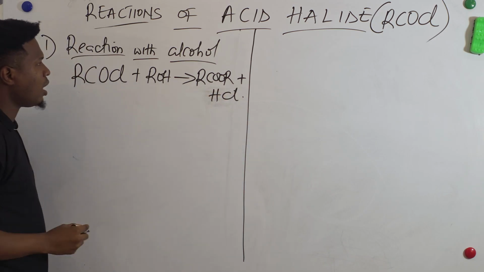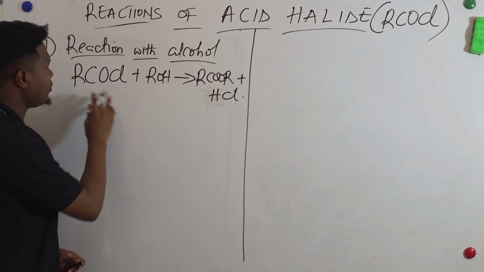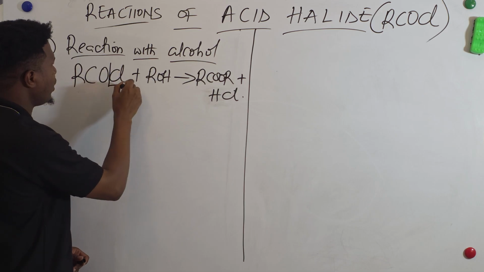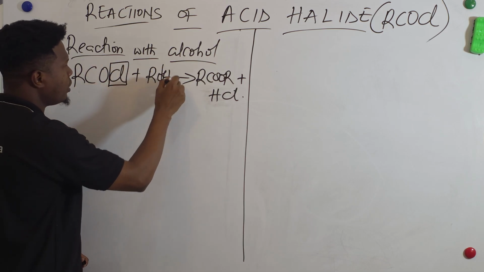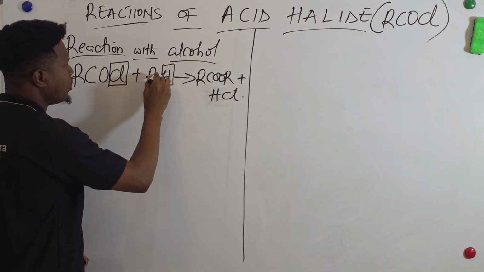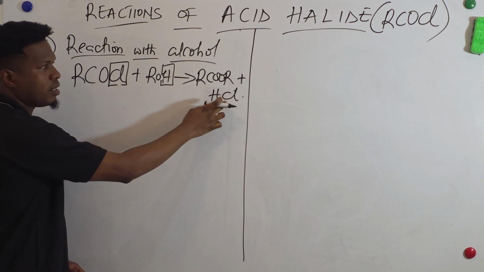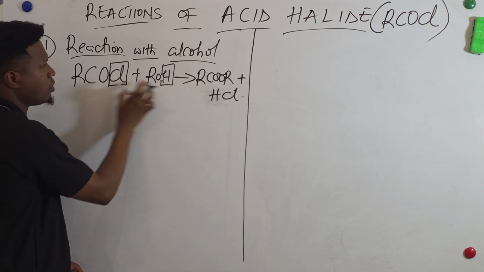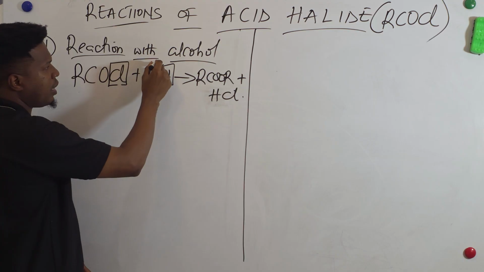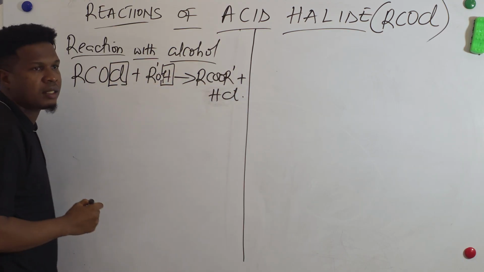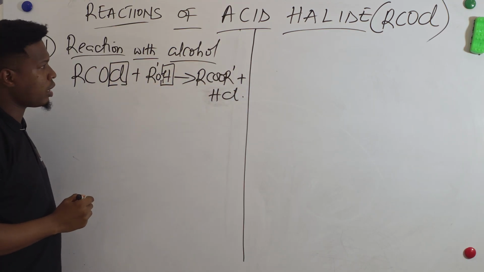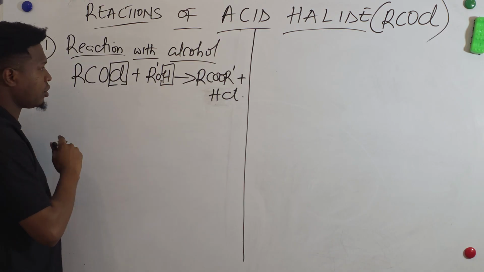So what happened here is simple. When you have this, the chlorine and the hydrogen will react to give us this, while this will combine with this to give us this. For the sake of clarity, I can put prime here to indicate how it happens. Now let's do an example.